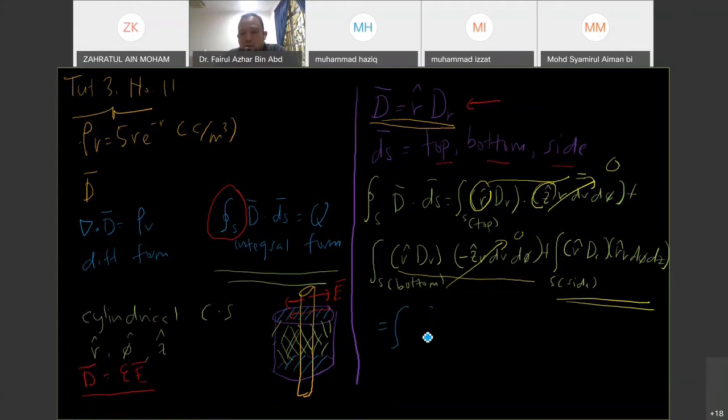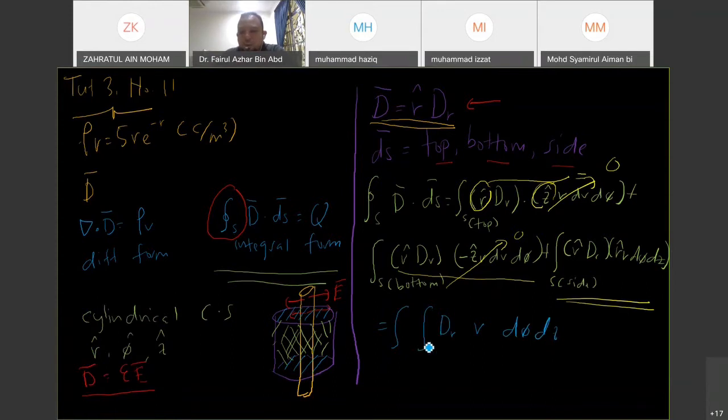We need to perform double integration. Because we deal with a surface, r cap and r cap, so we will have dr multiplied by r, d phi and dz.